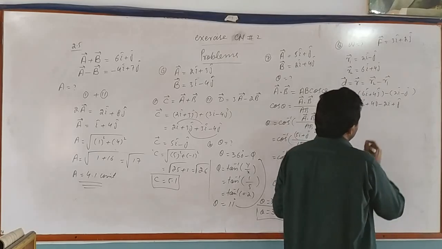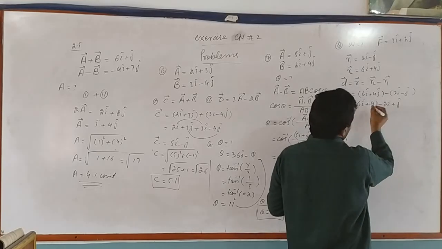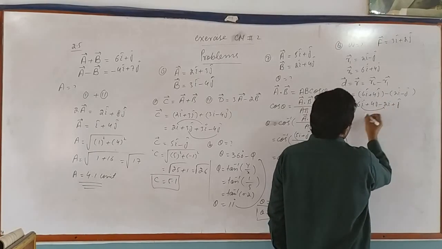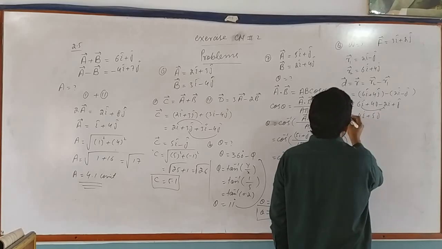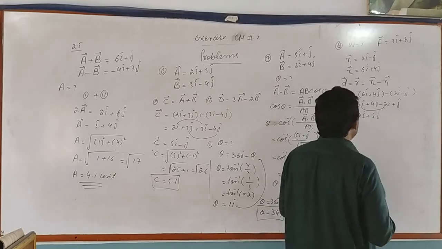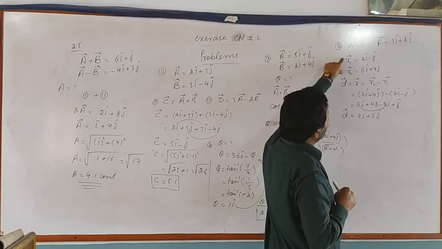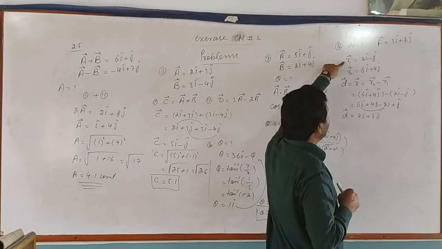Solving this equation, i unit vector with i unit vector, j with j unit vector, the resultant will be 4i unit vector plus 5j unit vector. This is the displacement between the points A and B, with position vectors R1 and R2.